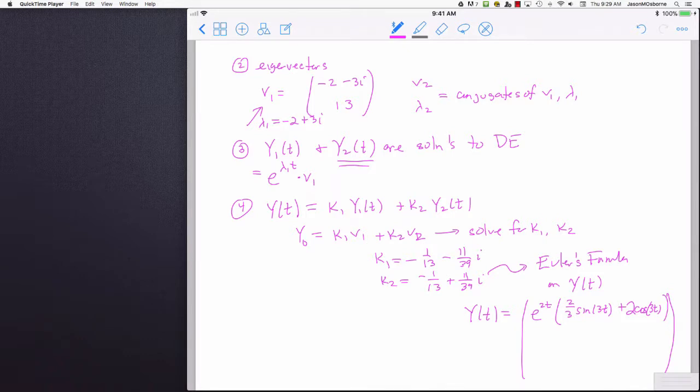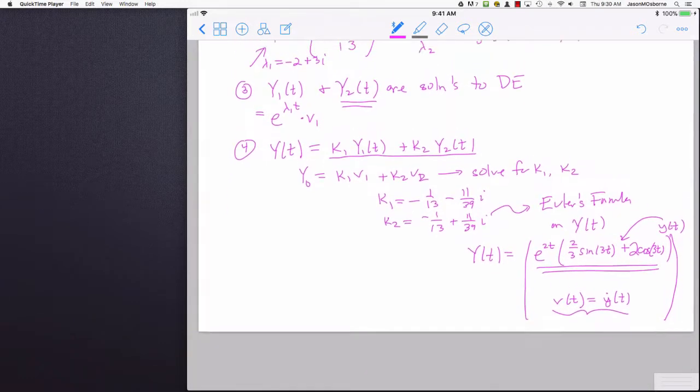And the second entry, as promised, which is your v entry, is just going to be y dot of t, where the first entry is y(t). So if you can find the first entry, then you'll know the second. That's what happens if you progress down the road of using y1 and y2.